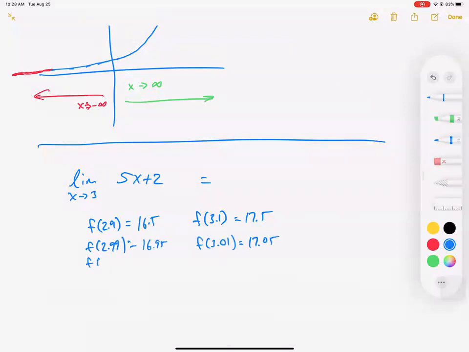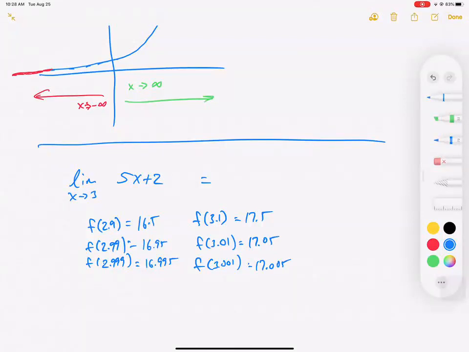Let's do one more: f at 2.999 and f at 3.001. 2.999 times 5 plus 2, that's 16.995. 3.001 times 5, and then plus 2, being 17.005. So hopefully you're seeing a pattern here just with these numbers.